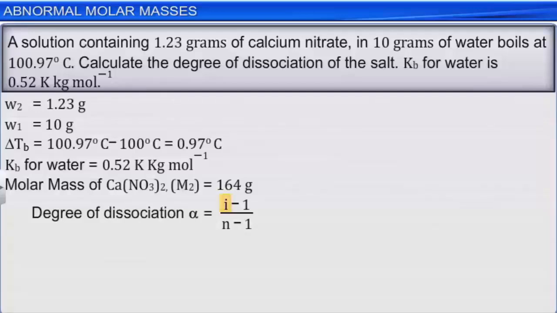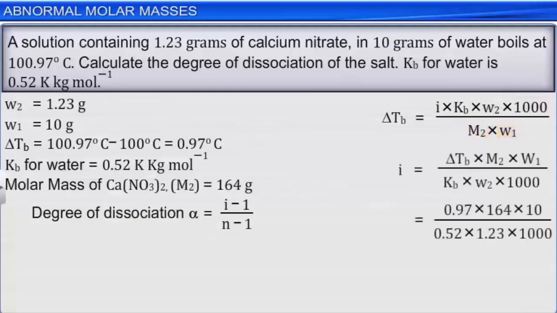Substitute these values in the modified equation for elevation in boiling point. Elevation of boiling point delta Tb is equal to i multiplied by Kb multiplied by W2 multiplied by 1000 divided by M2 multiplied by W1. On solving for i, we get Van 't Hoff's factor i is equal to 2.48.